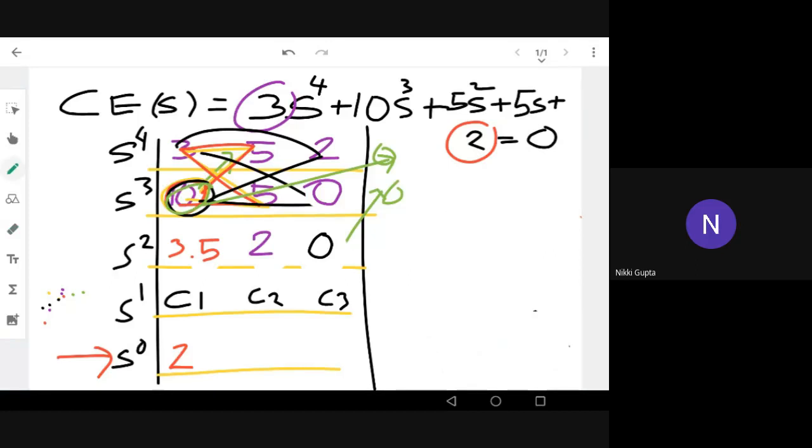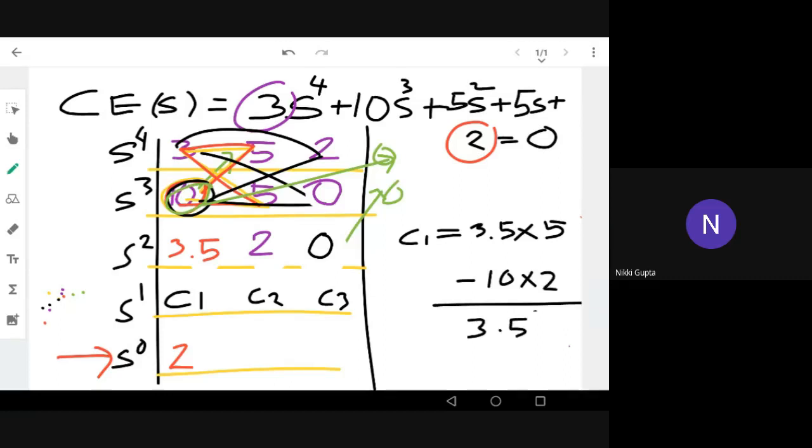C1 is nothing but 3.5 into 5 minus 10 into 2 divided by 3.5. 3.5 into 5 is 17.5 minus 20, that is minus 2.5 divided by 3.5, that is 25 by 35, 5 by 7.